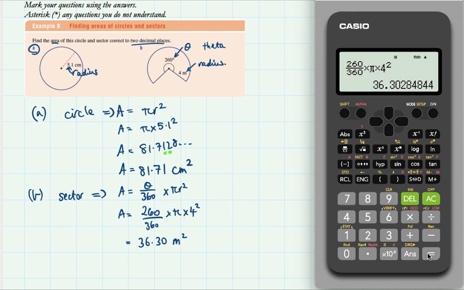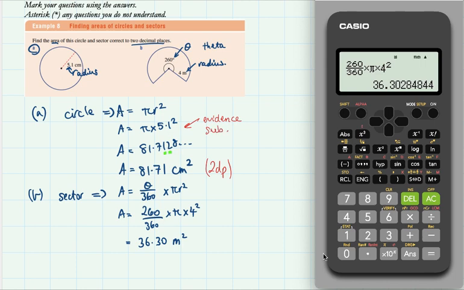So when doing these, just make sure to go to the right rounding, so 2 decimal places in this case, and to make sure that you have evidence of substituting in. It's very important that you show your working.